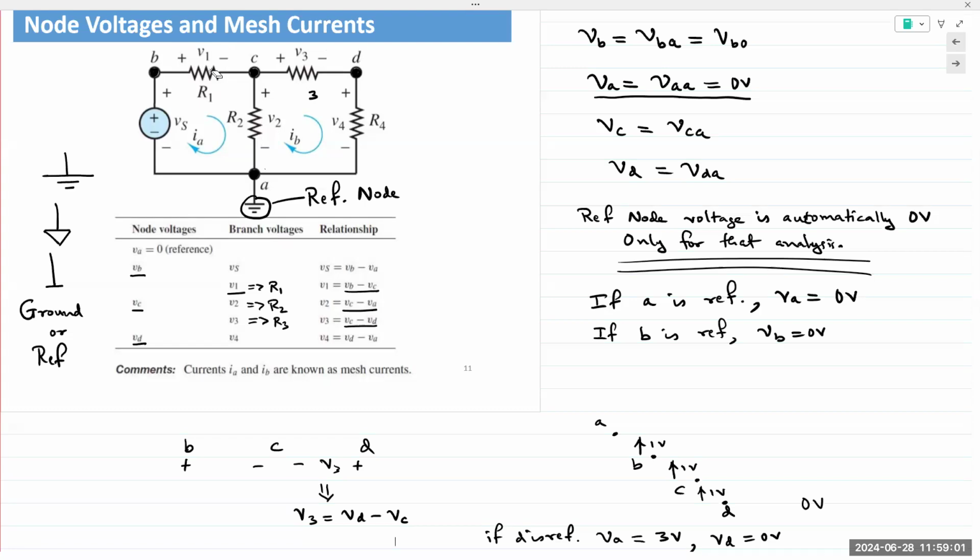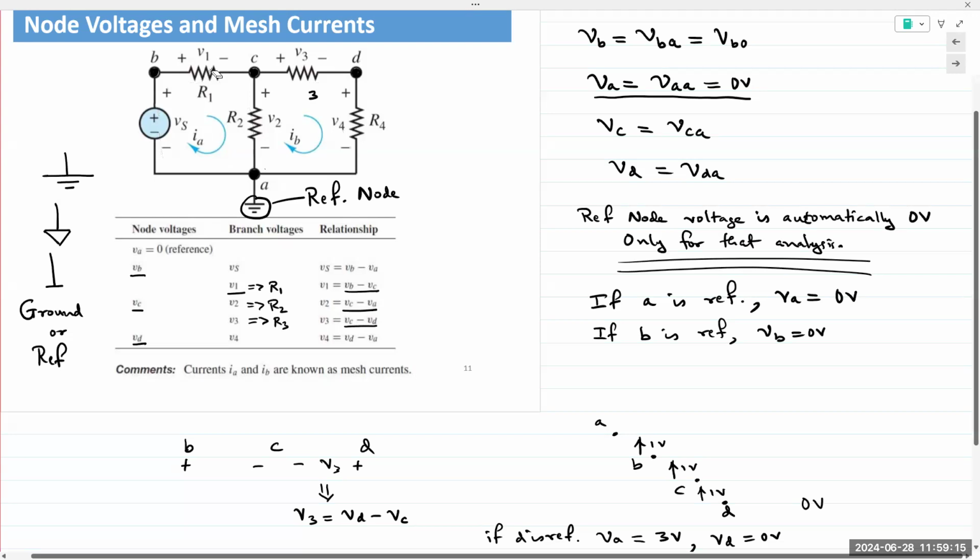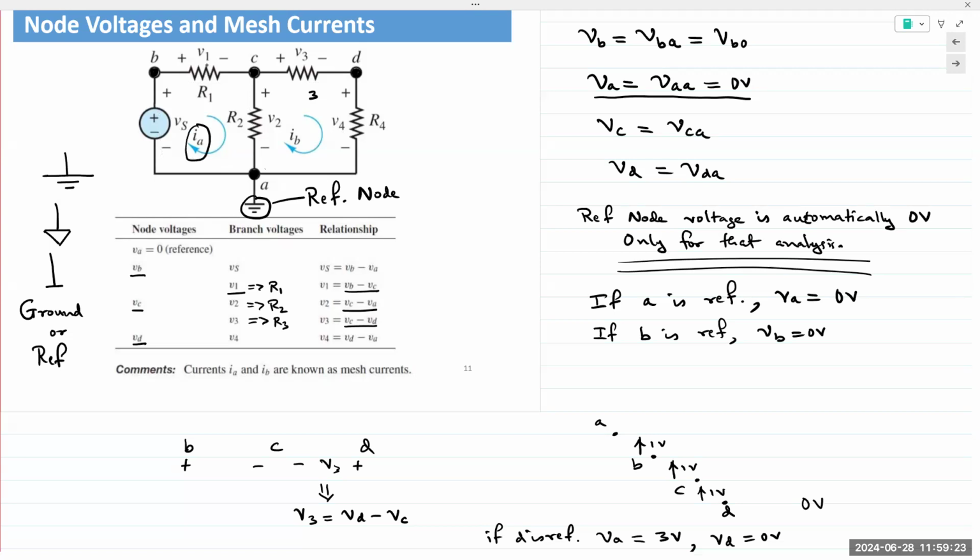So a mesh is easy to identify. A mesh is a simple loop like this one or this one that does not have any other electrical loop inside it. A mesh current is a clockwise or counterclockwise current that is flowing through that mesh. So in this case, we have IA and IB.